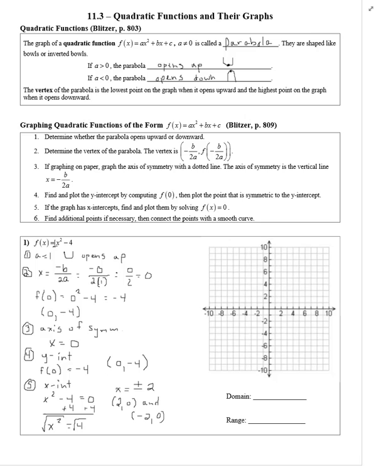So to graph, we first plot our vertex, which was the point 0, negative 4. So that's right here. Then we mark our axis of symmetry, and that's at x equals 0, so we draw, I always use a dashed vertical line there. And it's right on the axis, so I'm drawing it a little bit off the axis so you can see it.